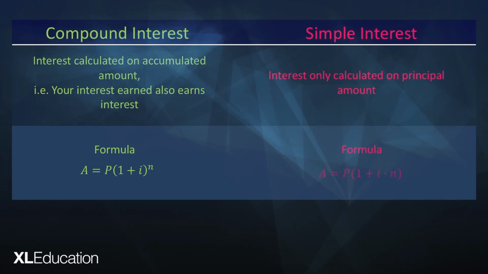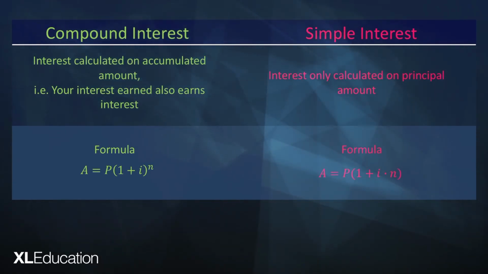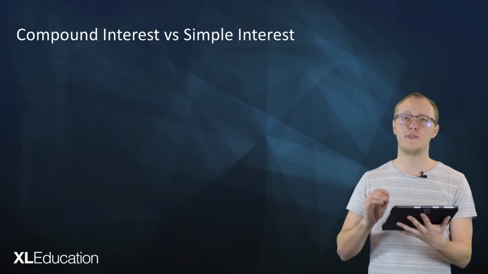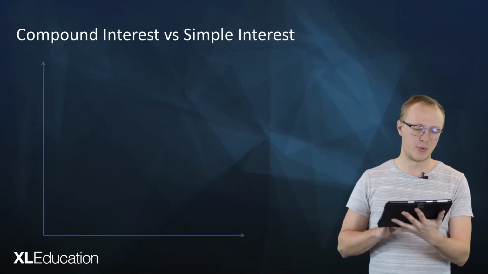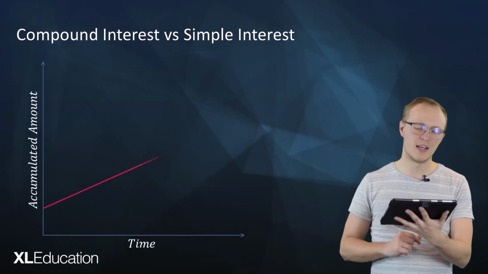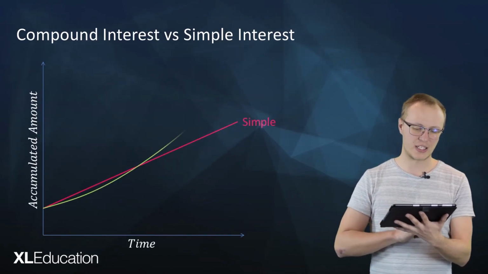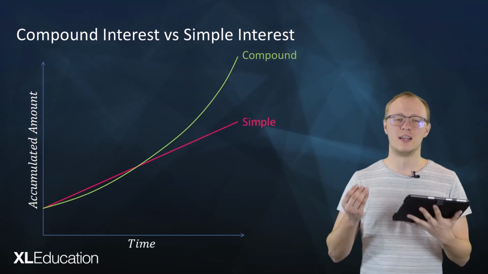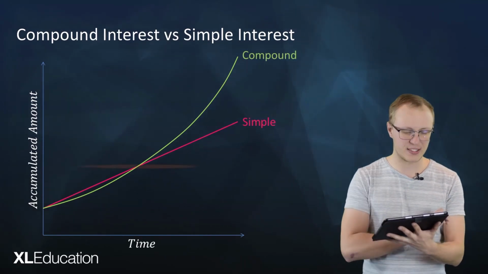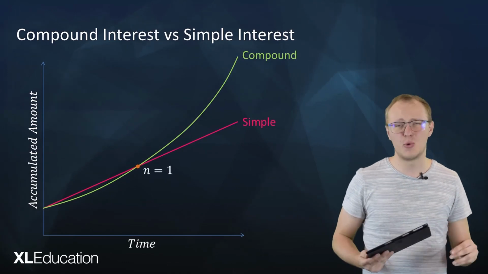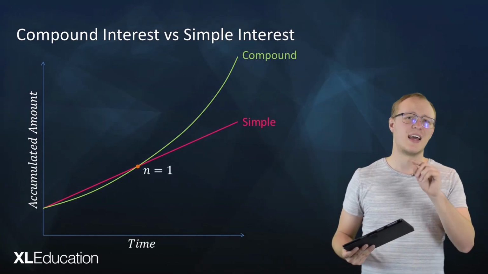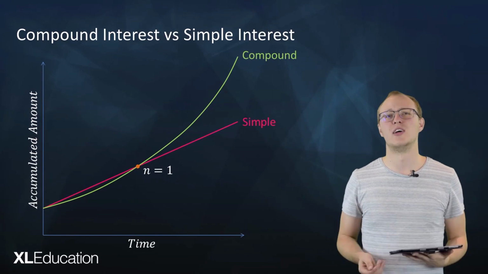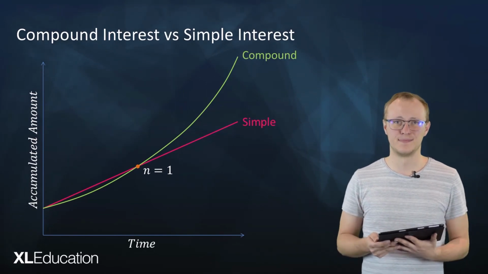And for simple interest, it is A equals P(1 + i × n). Then, if we compare it graphically, we find that compound interest is going to grow exponentially, and simple interest is going to grow linearly. And for interest's sake, the only time they will ever be equal is at n equals 1, so after 1 year.